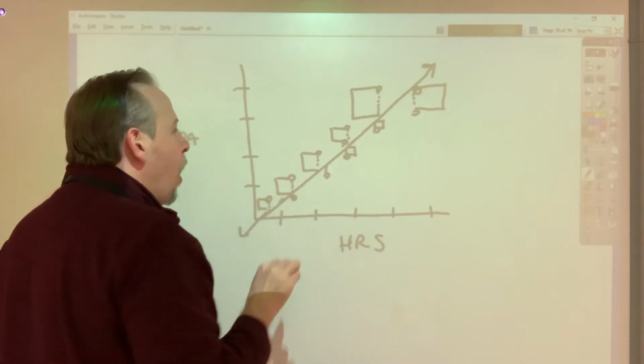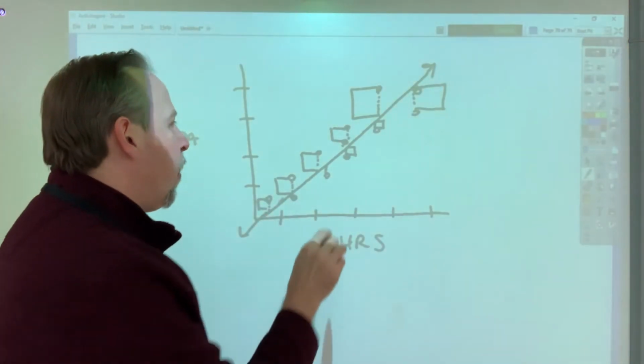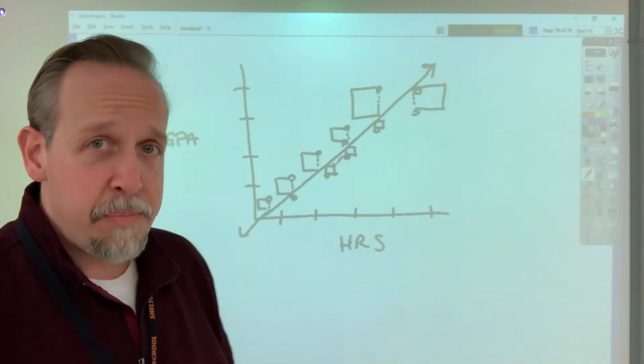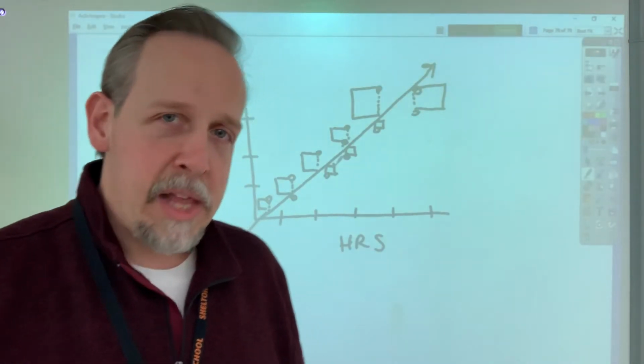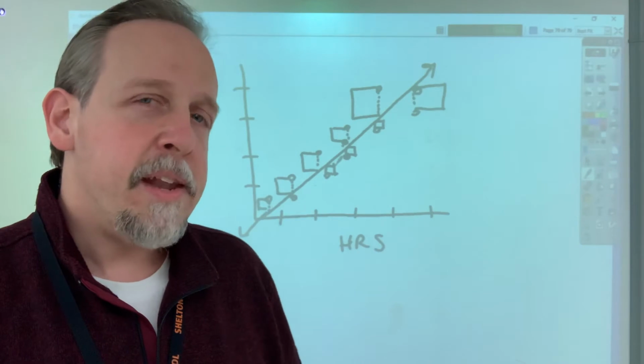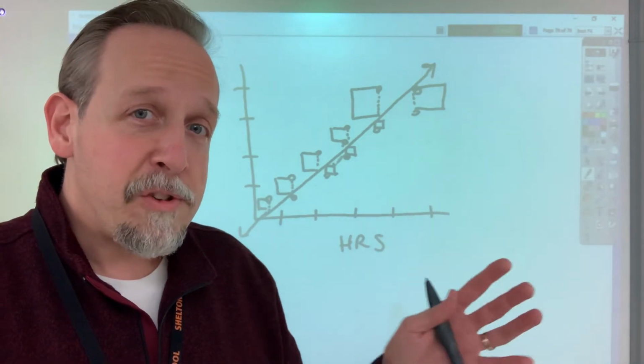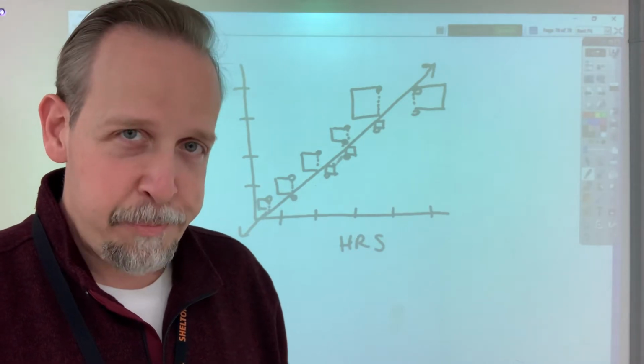And what the LSRL, the least squares regression line, does is it tries to put the line in such a place that it minimizes the area of all of those squares when added together.